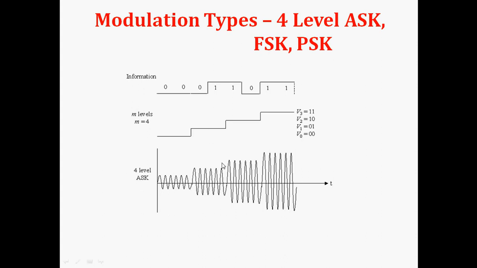It will get increased. For 1, 0, again the amplitude will get increased. For 1, 1, this is my V3 amplitude, which is different from the V0 amplitude. In this way, amplitude shift keying works, and respectively we can see the 4 levels of ASK with this example.